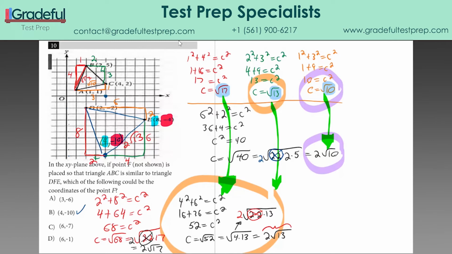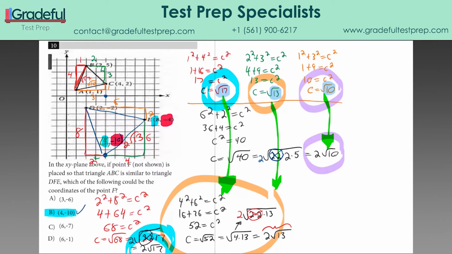We went over from root 17 to 2 root 17. And now every single distance in triangle ABC is paired up with a corresponding distance in triangle DEF with a factor of 2. So the point that creates two similar triangles is 4, negative 10, and the answer for question 10 is B.